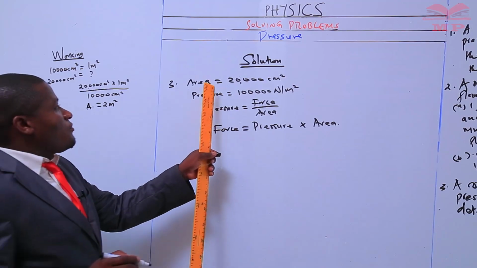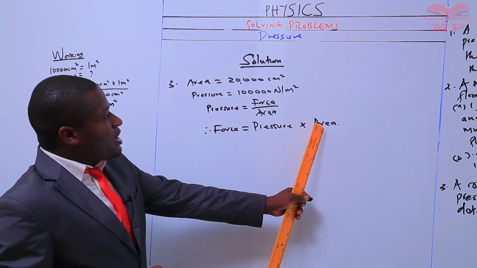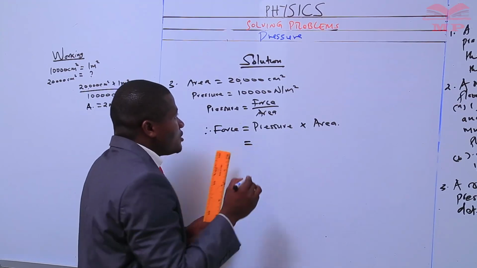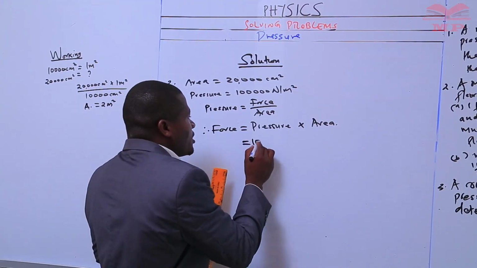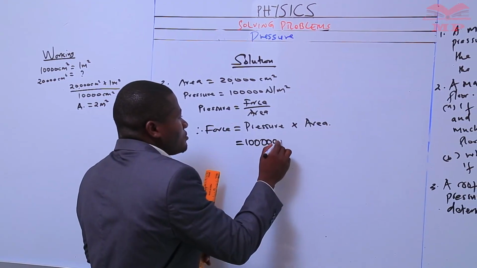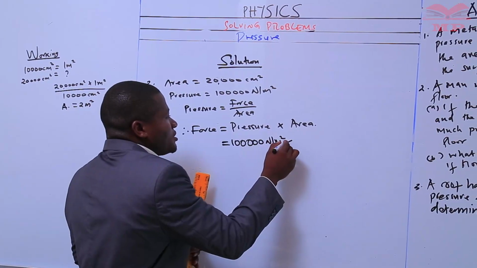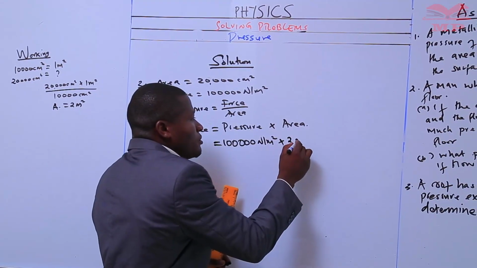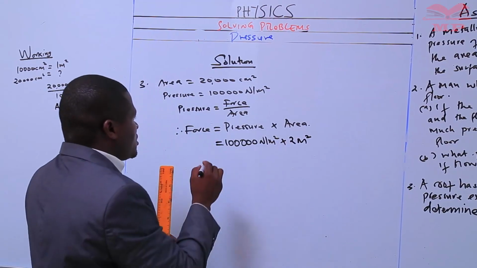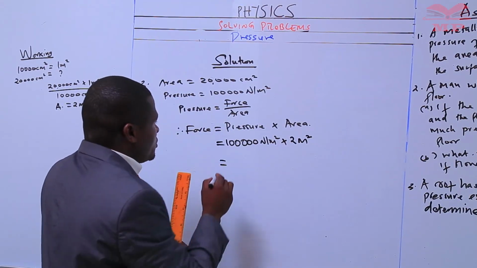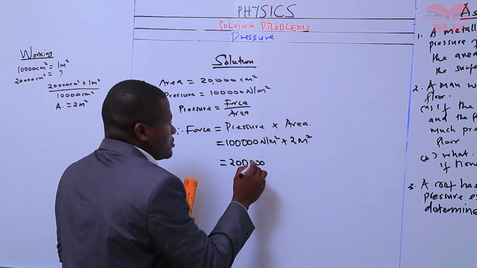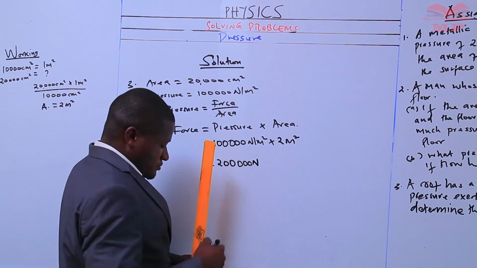So I have my area, I have my pressure. So I substitute in. Pressure is 100,000 Newton per meter squared times area, which is 2 meters squared. So if I multiply this, it will give me 200,000 newtons.